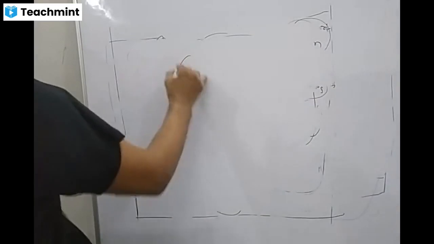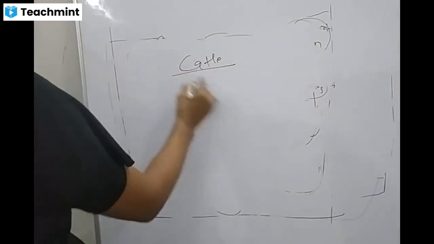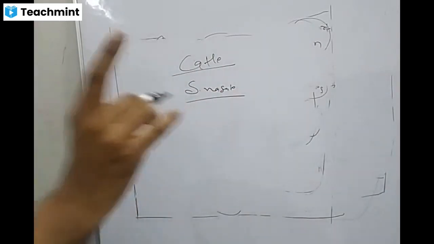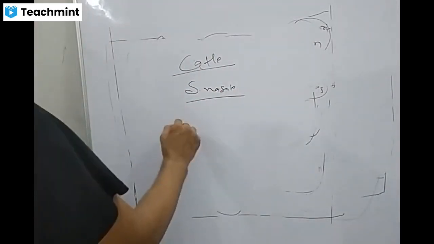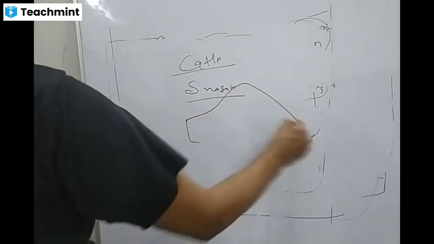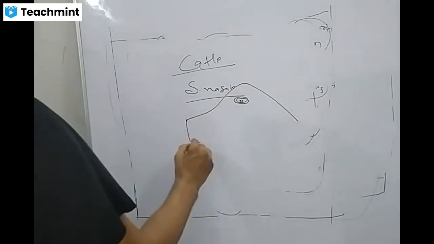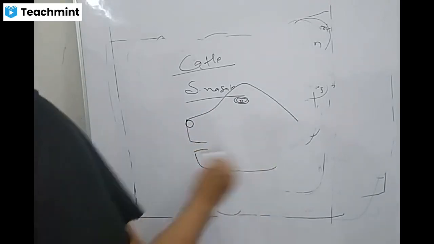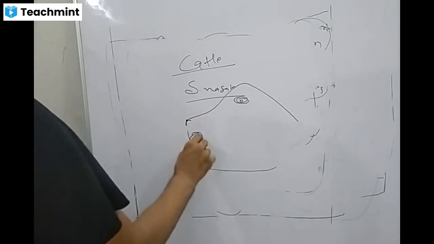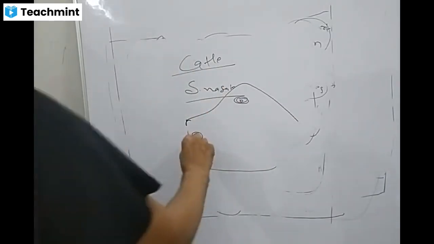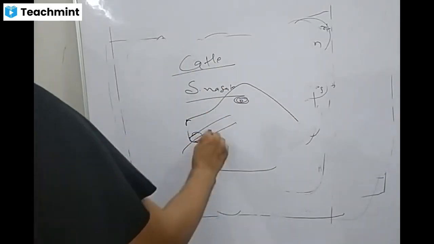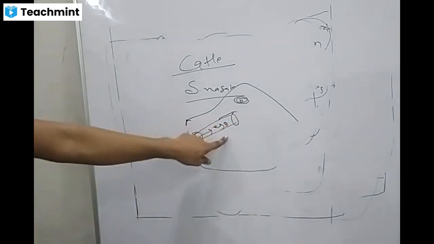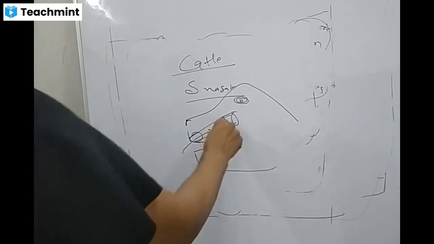In the case of cattle, there is Schistosoma nasale. This Schistosoma nasale is related with the nasal cavity. Inside the nasal cavity, the eggs enter, and these eggs in the nasal vein lead to inflammation.